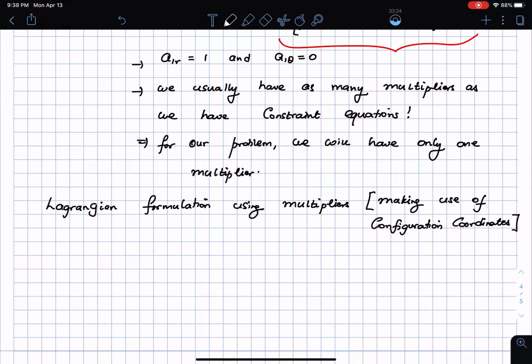We have two configuration coordinates, so let me underline this. So the Lagrangian formulation using the multipliers, here is what we have.